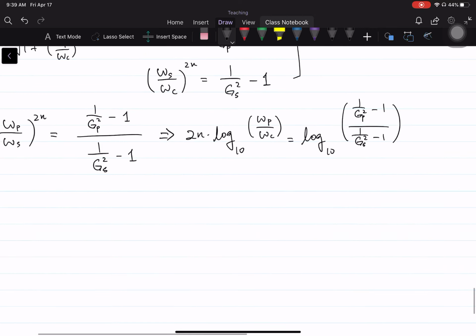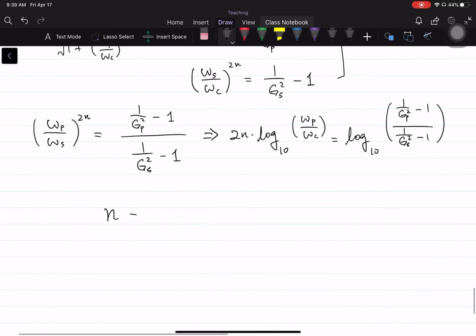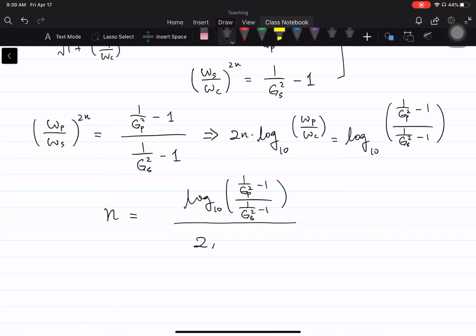And n in this case will be log 10 of this whole thing, divided by 2 log 10 of omega p over omega s.